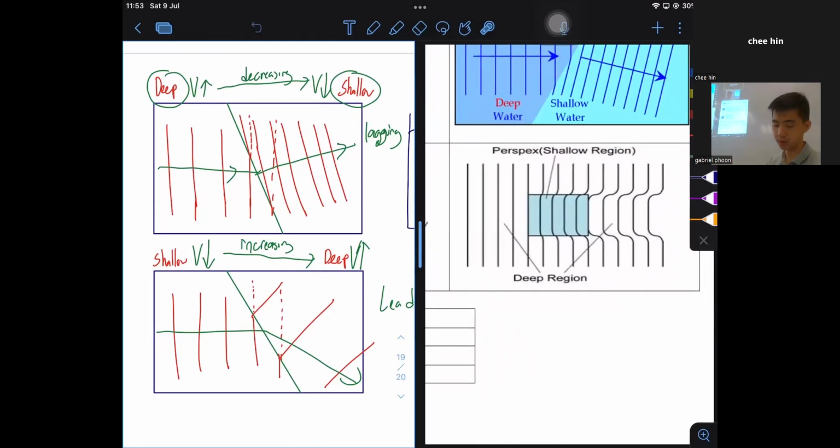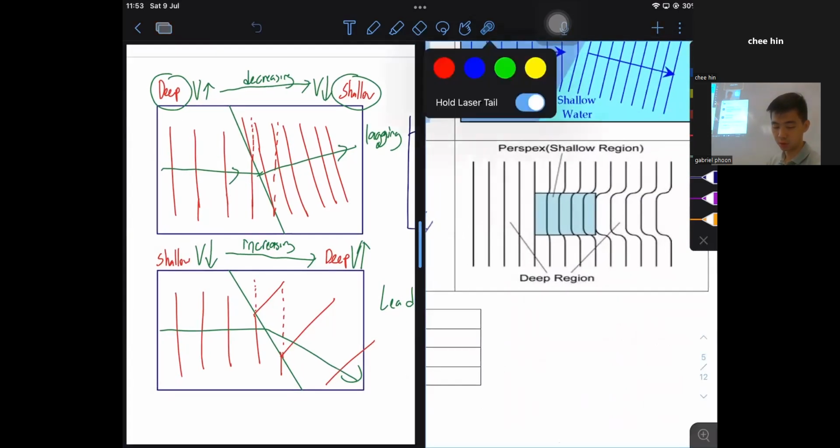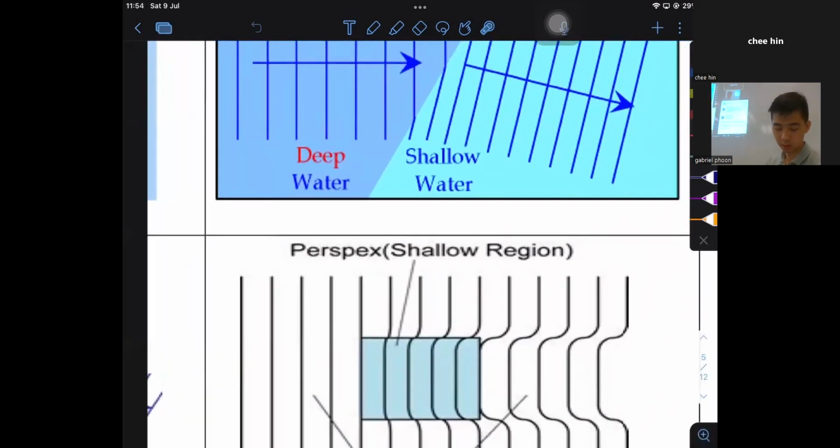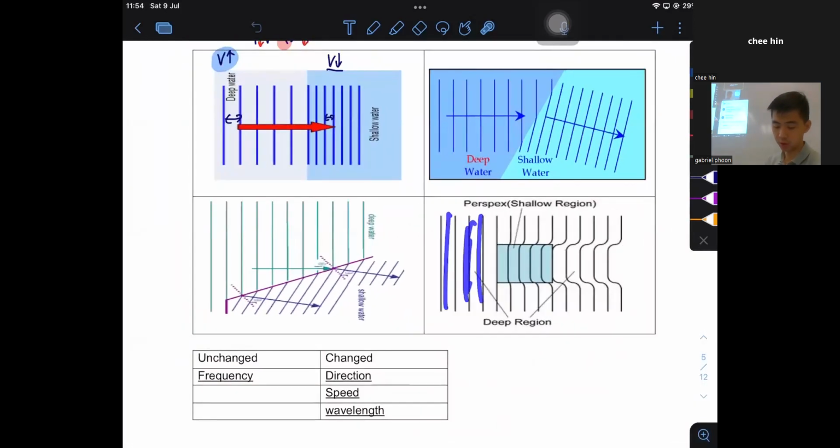You don't really need to know this. You know, like how the wave is supposed to be straight. You know how the waves are supposed to be straight, right?